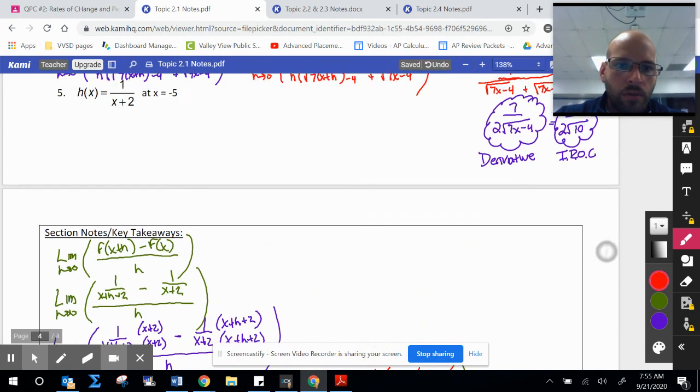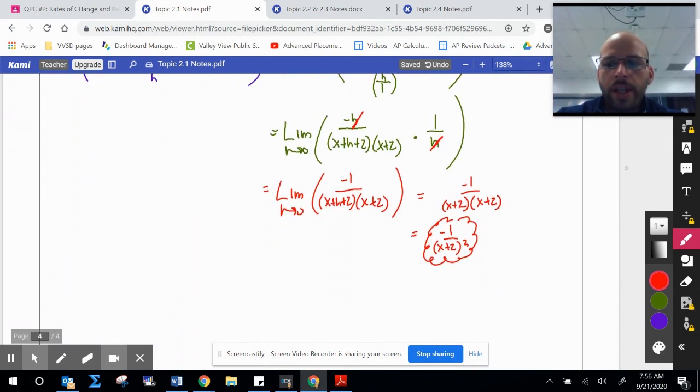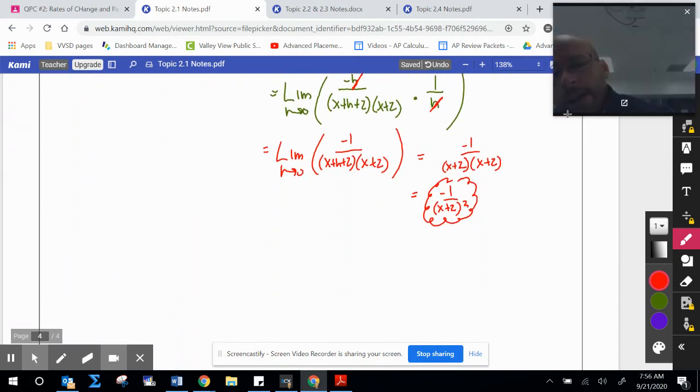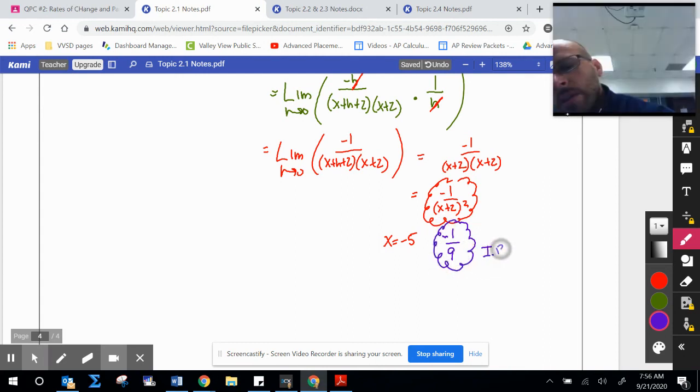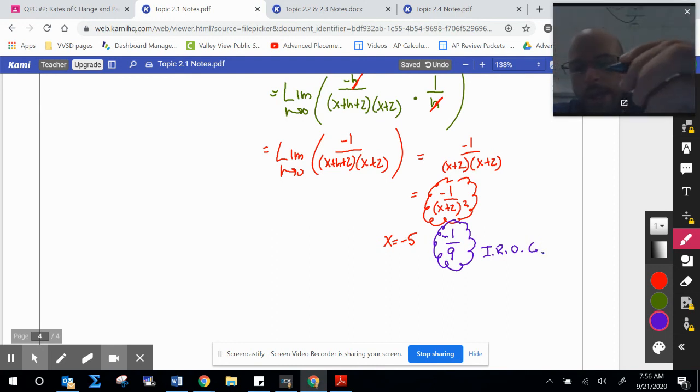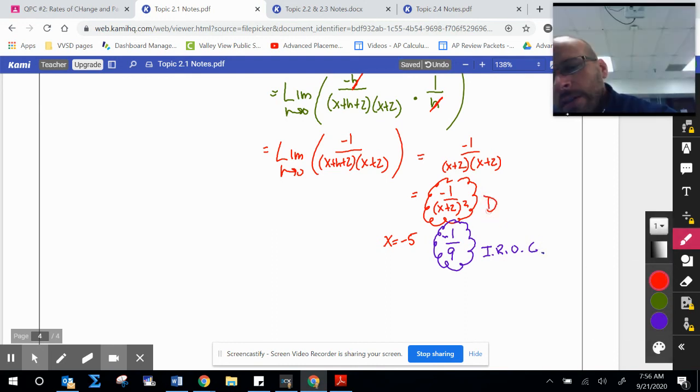And we wanted the instantaneous rate of change at negative 5. So when x equals negative 5, my instantaneous rate of change is going to be a negative 1 over negative 5 plus 2, which is negative 3 squared, 9. So my instantaneous rate of change is negative 1/9.